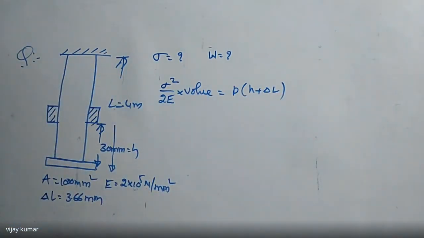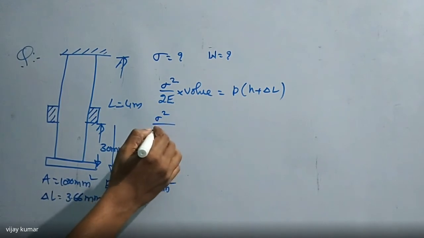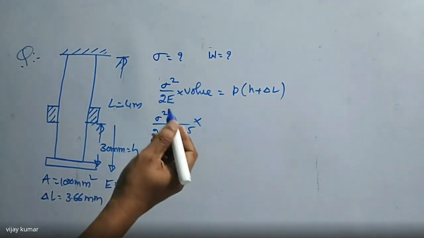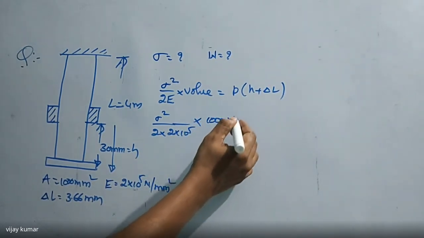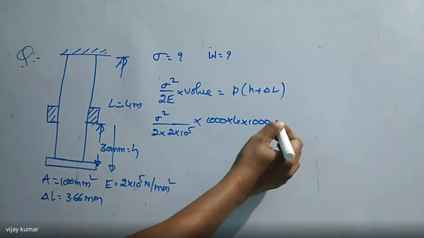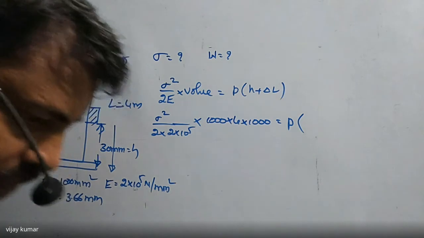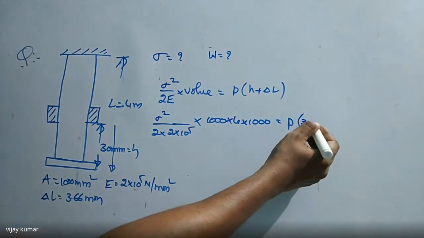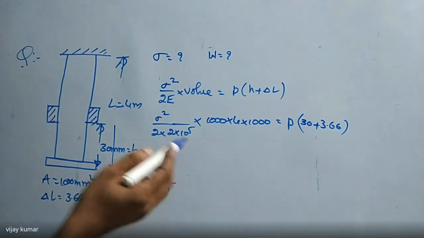So sigma square divided by 2 into E, which is 2 into 10 to the power of 5, into area, which is 1000, into L, which is 4 into 1000, is equal to P into (H plus delta L), where H is 30 mm and delta L is 3.66 mm. So you have to find the P value.